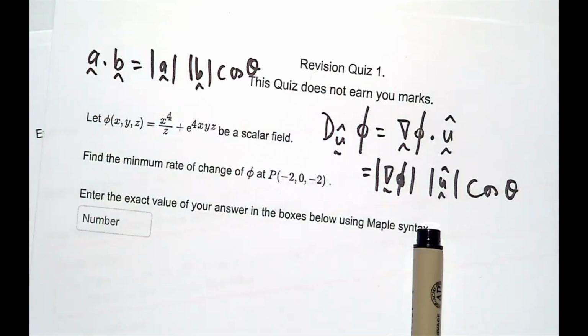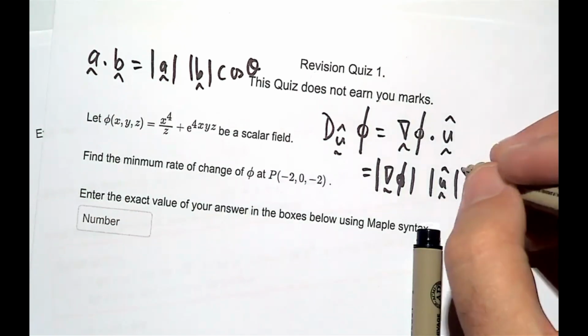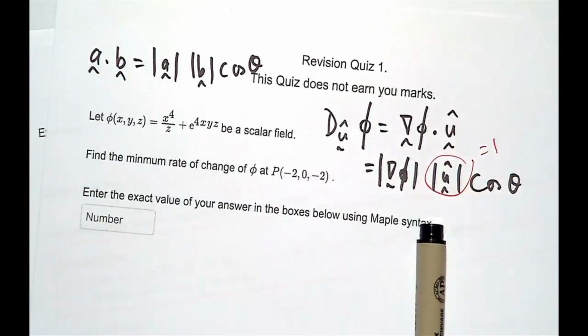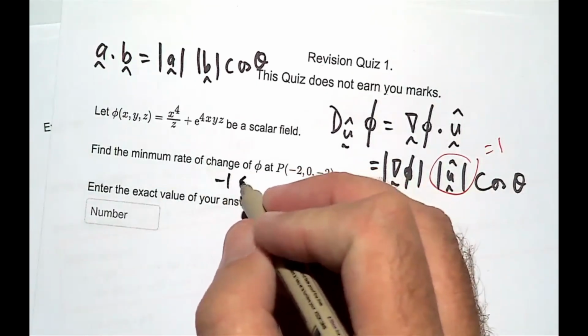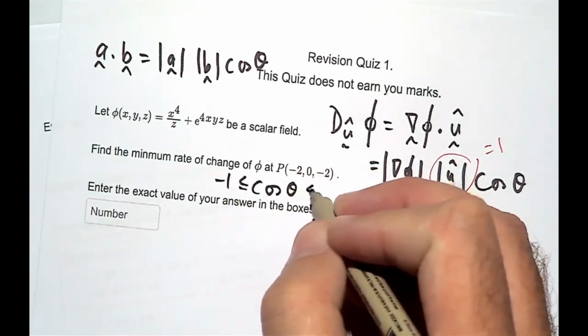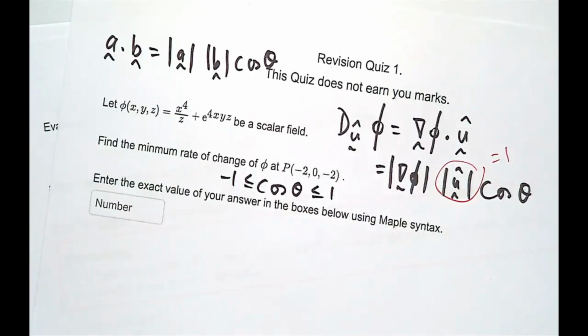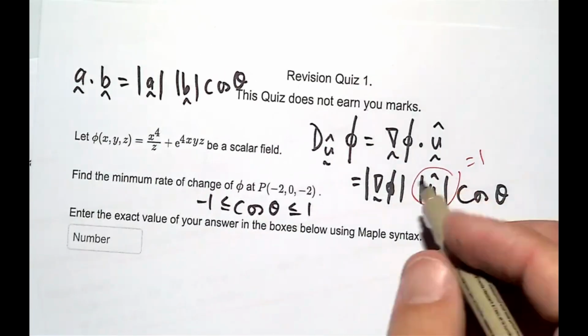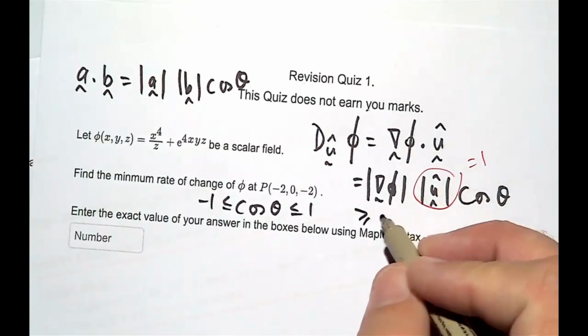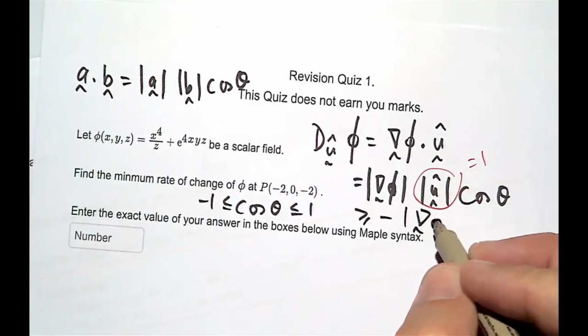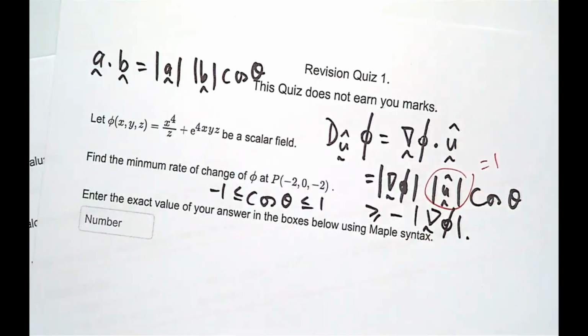And what's the minimum value for cosine? -1. So this bit is just 1. Doesn't matter what the angle is, cosine is always between -1 and +1. So we can go, boom.